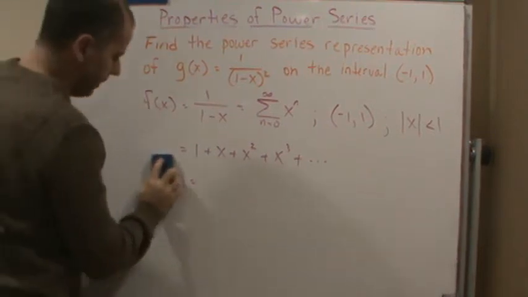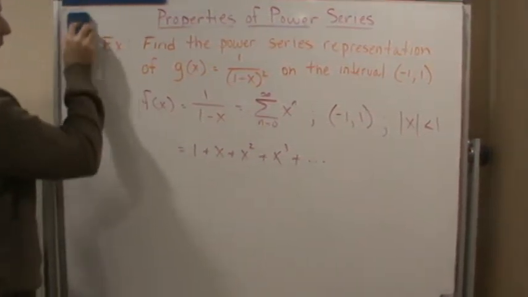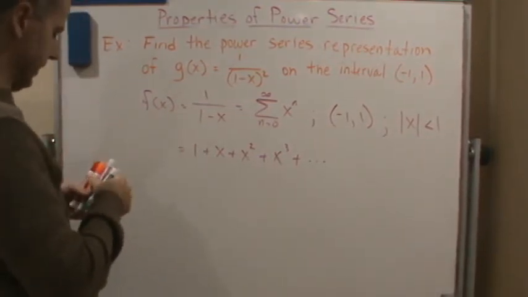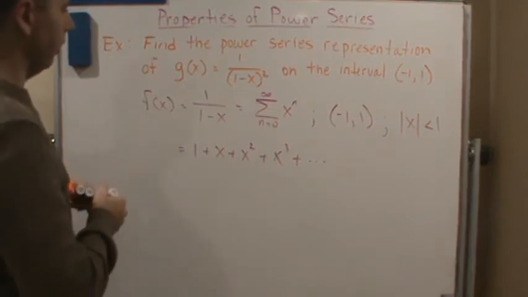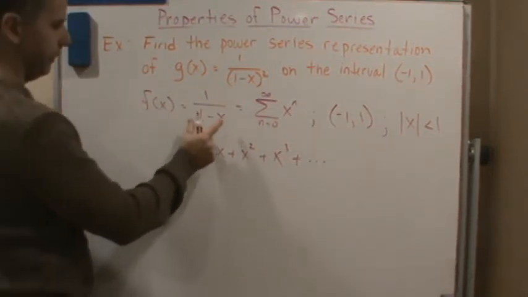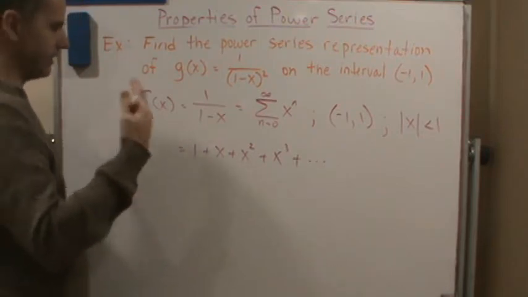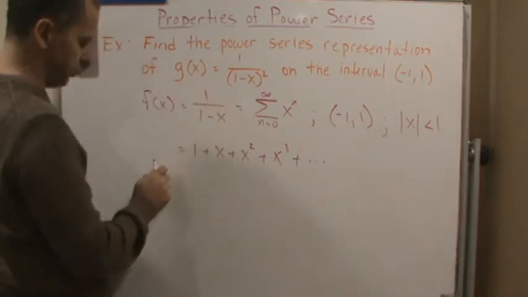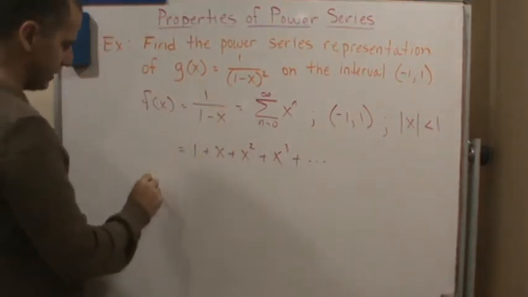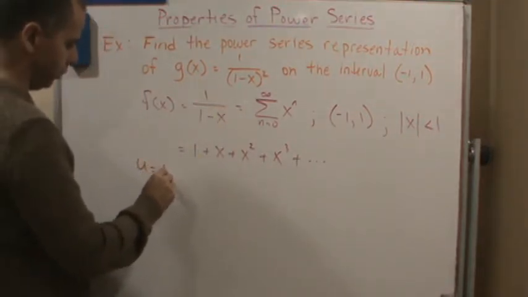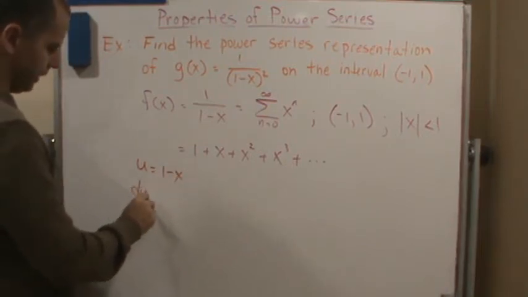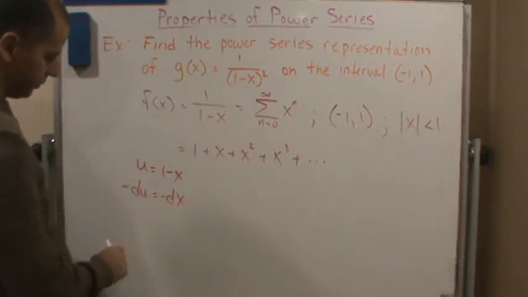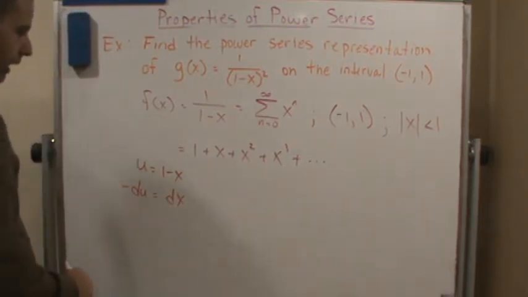I know the book jumps right in, so let me just show you how you can see this. So we've got this. I hesitate to do this in detail, but notice how you could do a u substitution here. If you take u equal to 1 minus x, then du equals negative dx, so negative du equals dx.